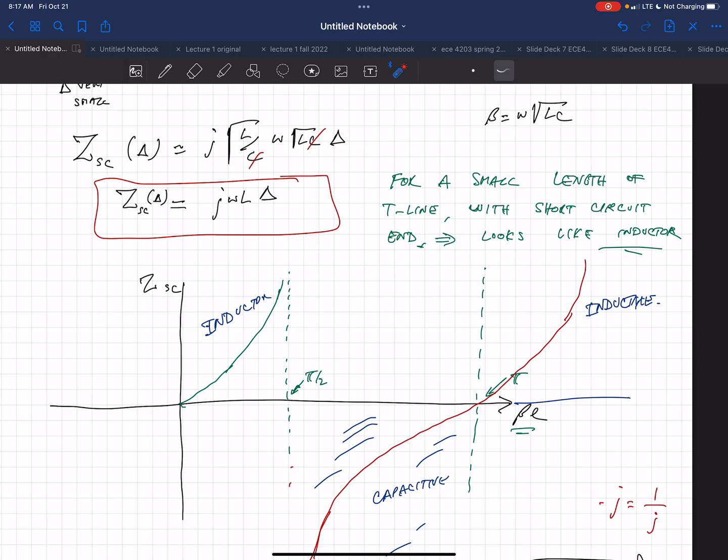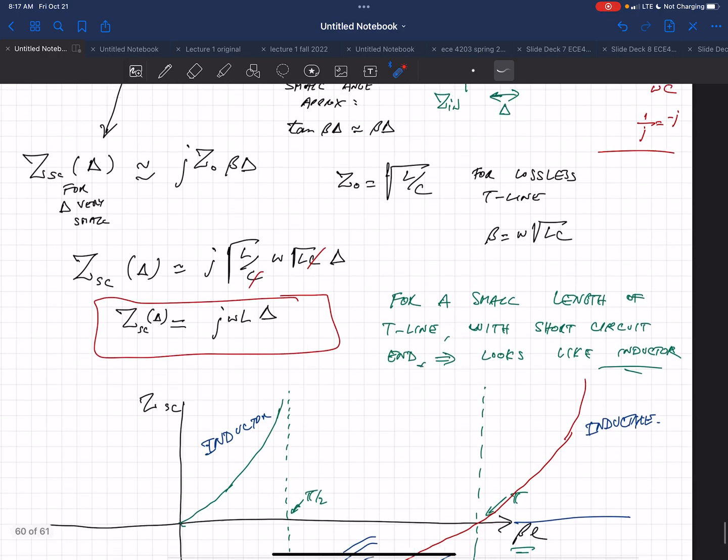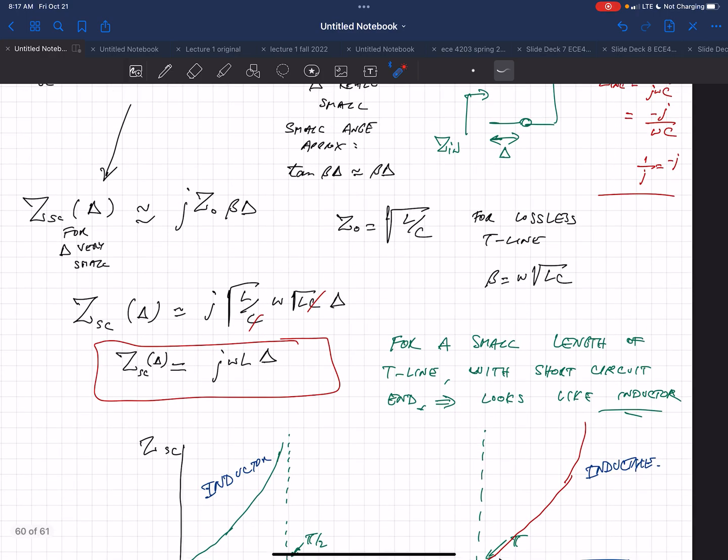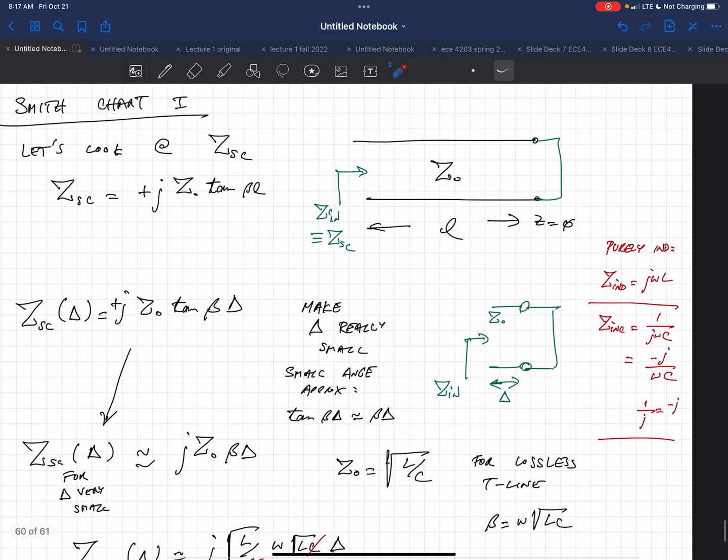Okay. Another thing worth emphasizing as a reminder is lengths in transmission lines. L is a length in centimeters, meters, inches, whatever. It's actually a length, right?